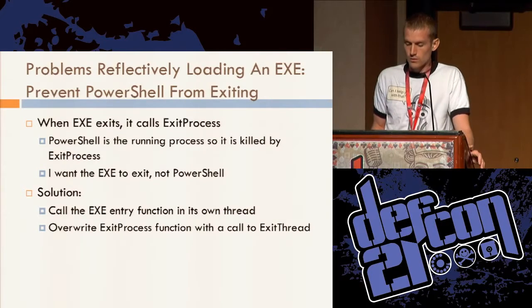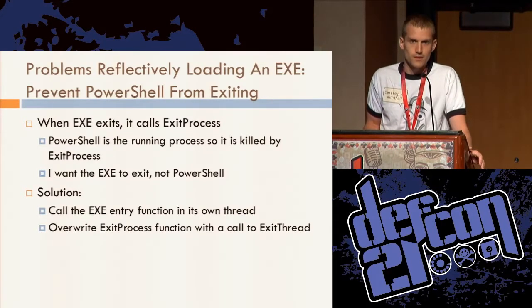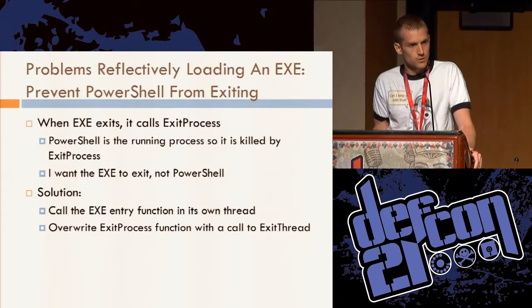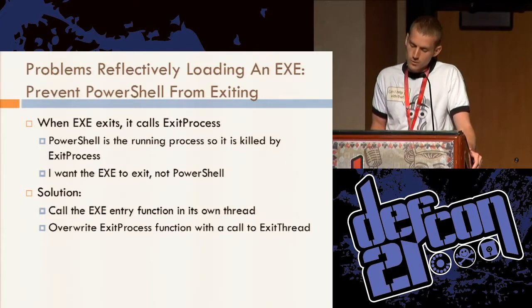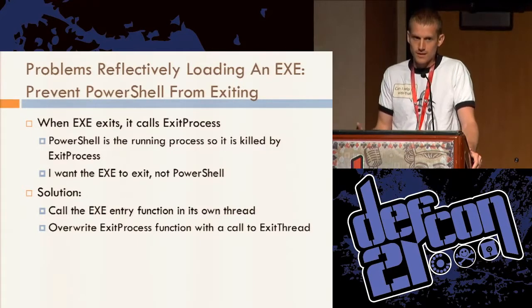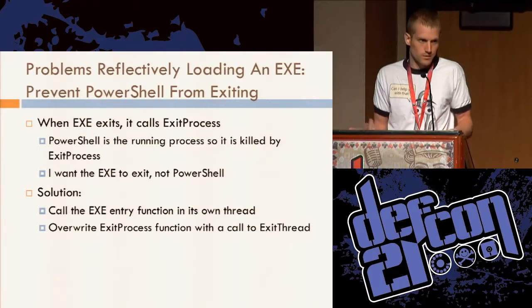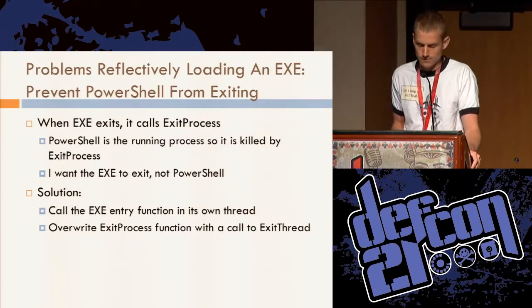So reflectively loading an exe is a little more tricky, because normally when an exe is loaded, it's loaded using CreateProcess, and a new process is created specifically for that exe. But what we're doing is loading an exe inside of a process that already exists, with PowerShell.exe running inside of it.